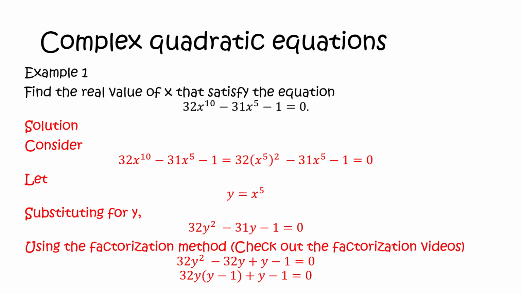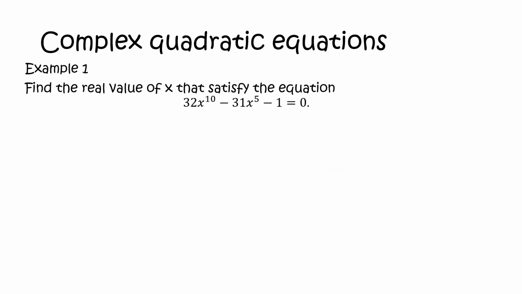Then from there we factor the common factor between the first and the last two terms so that we get 32y times y minus 1 plus y minus 1, since we don't have anything that's a common factor in the last two terms. Now simplifying further, we are going to have 32y plus 1 times y minus 1 is equal to 0.